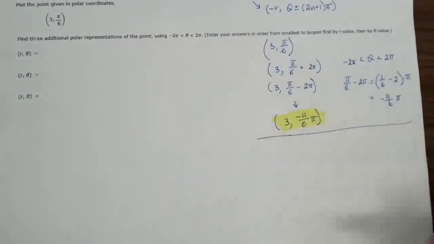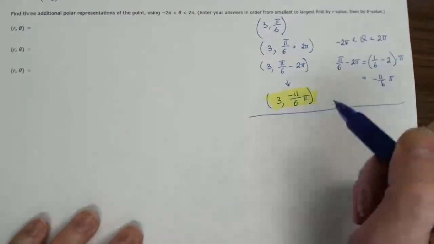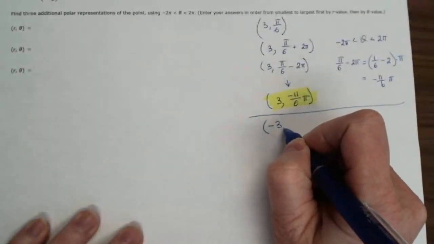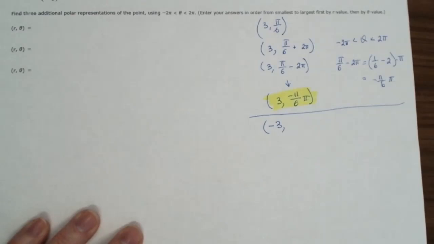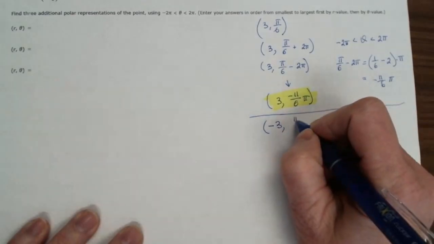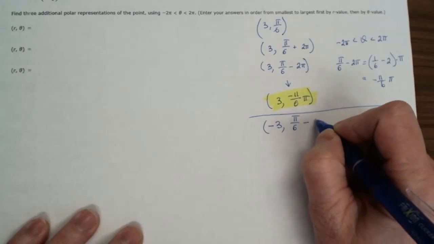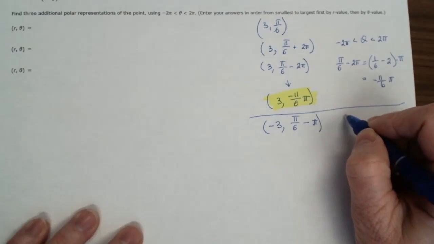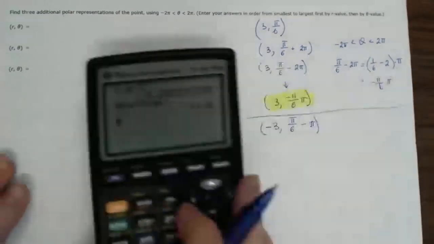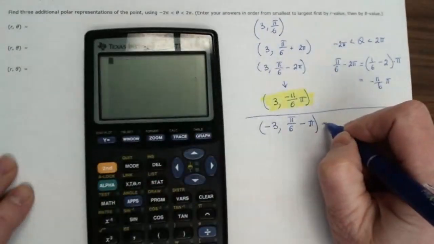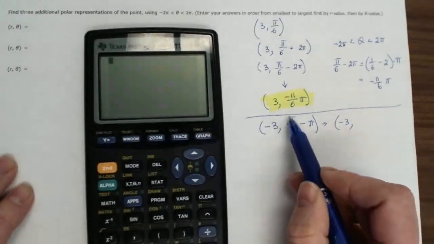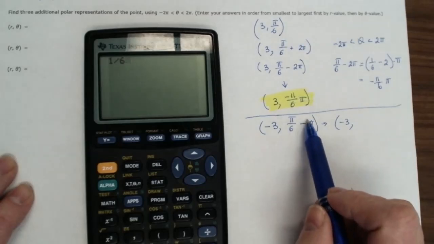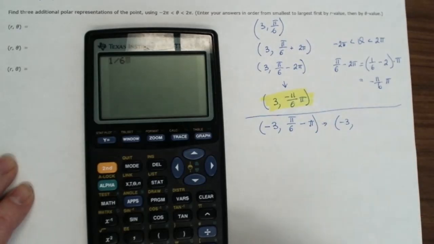Next will be, we need to use this rule. We will have to flip the sign. It will be negative 3. And we have pi over 6 minus pi. And it will be, again, negative 3, comma. Here I have 1 over 6 in front of pi, and here I have 1 in front of pi.